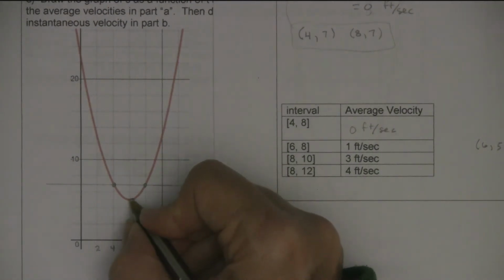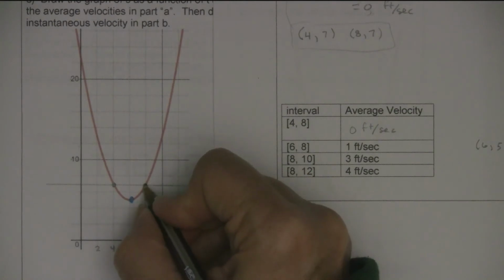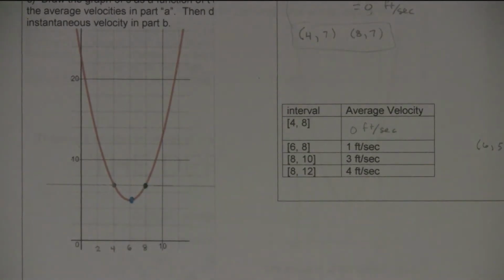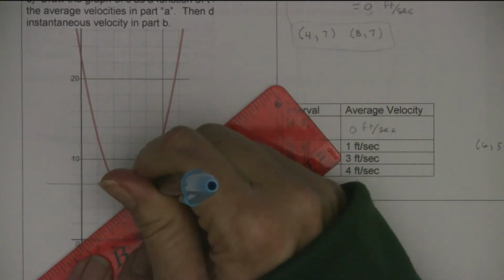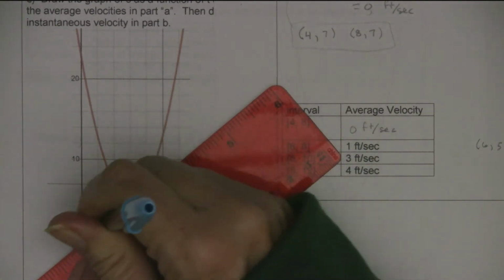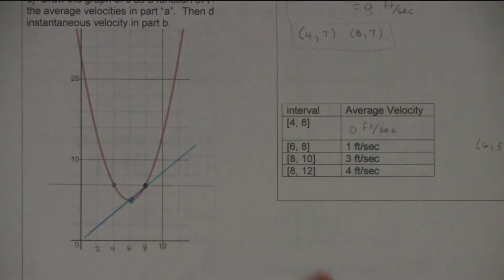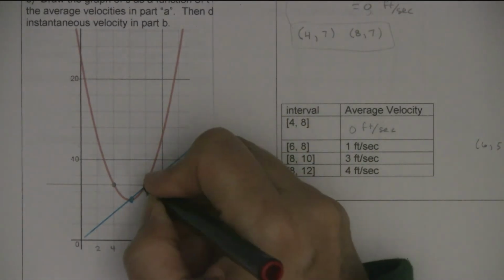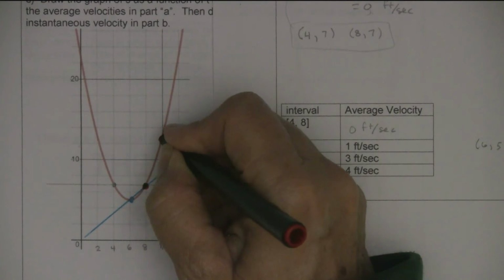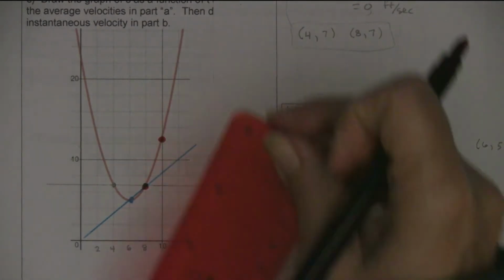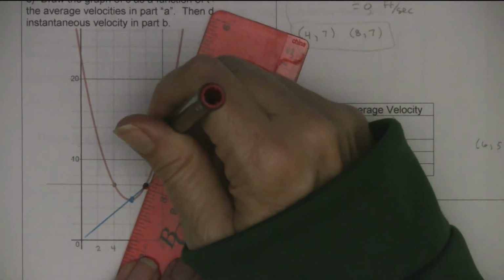So this is 6, and I'm going to do this one in this little teal color, and 8, right? And remember, the slope here was 1. So there's that one. And then the next one is 8 and 10. So here's 8, and here's 10, and I'm going to draw that one on here.